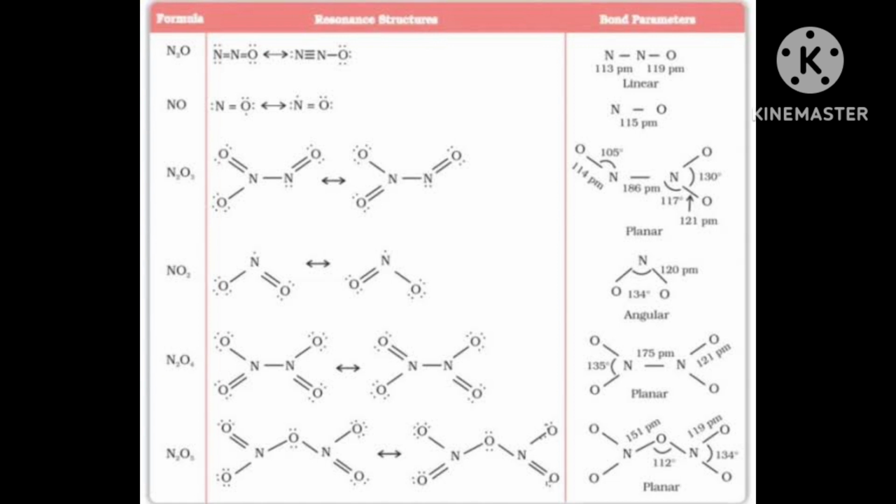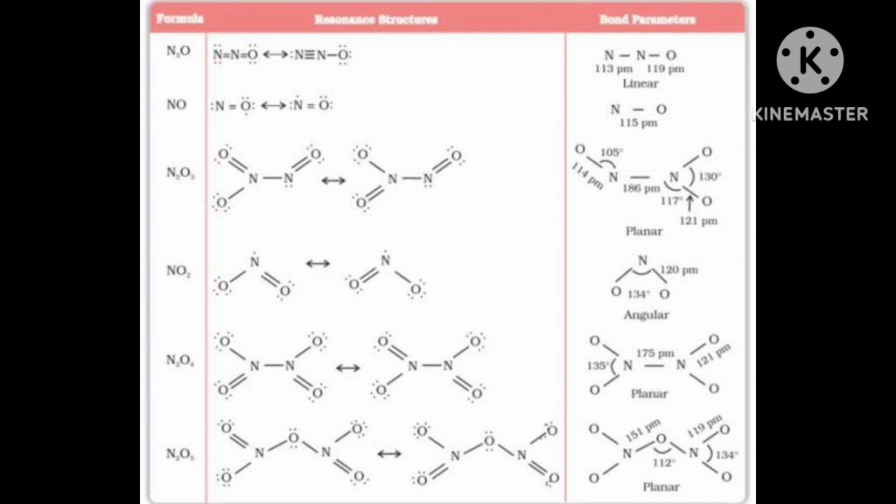Okay, both are single bonds now, on both nitrogens, but due to the difference in angle, their bond length changed. Then with the second nitrogen, the ONO angle is 134 degrees.